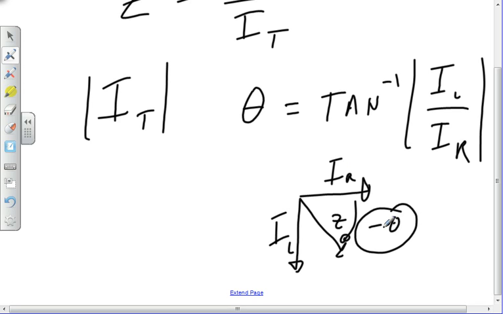That's why we see negative angles in places.